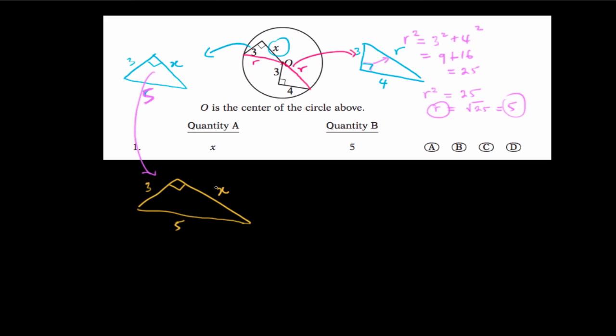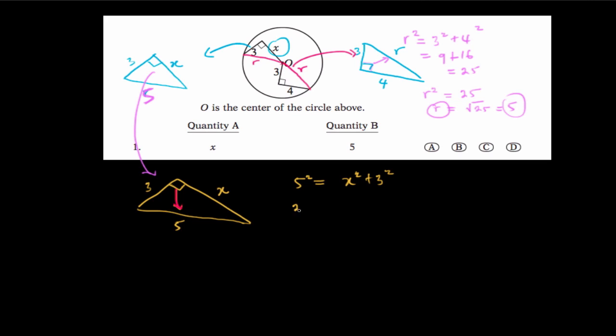Again, you observe that this is a right triangle, so you can apply the Pythagorean theorem. This is the hypotenuse, and the square of the hypotenuse, the side facing the angle 90 degrees, equals the sum of the squares of the other two sides, that is X squared plus 3 squared.